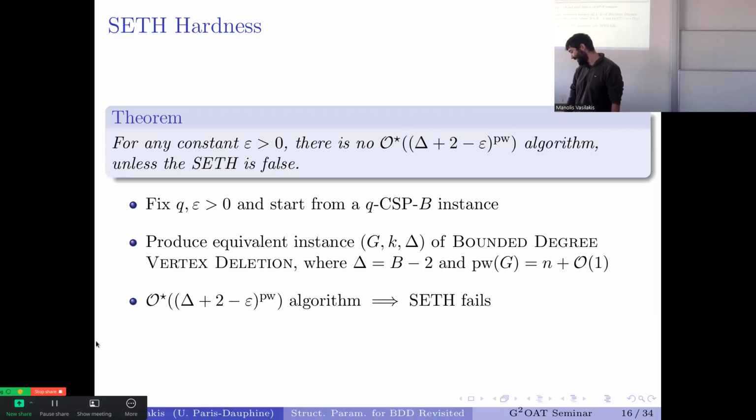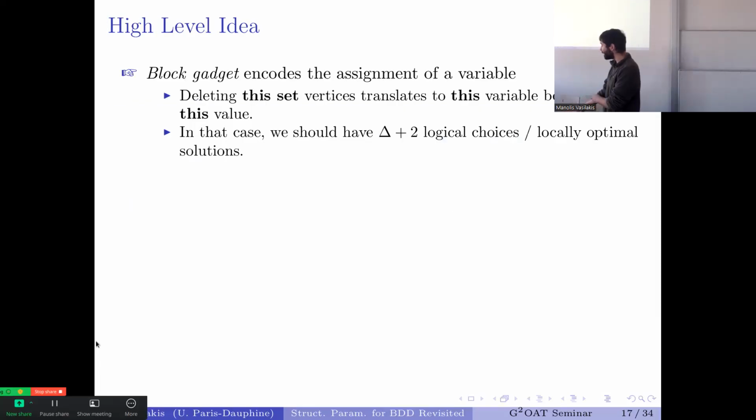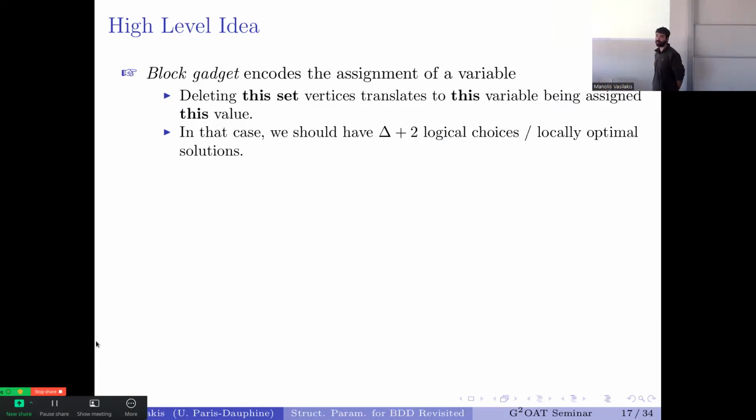So this is the thought process. What's the high level idea? We follow the constructions of this paper by Lokshtanov, where they proved that a lot of problems are tight under SETH. The idea is that we will have a block gadget which encodes an assignment for a variable, for all of our variables actually.